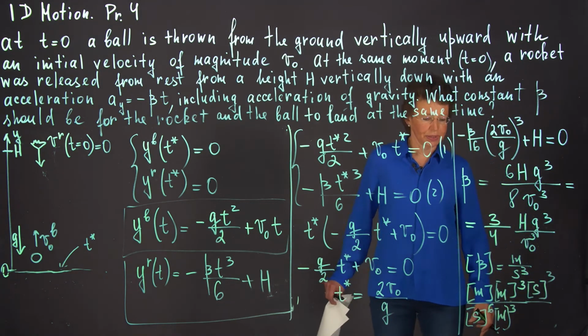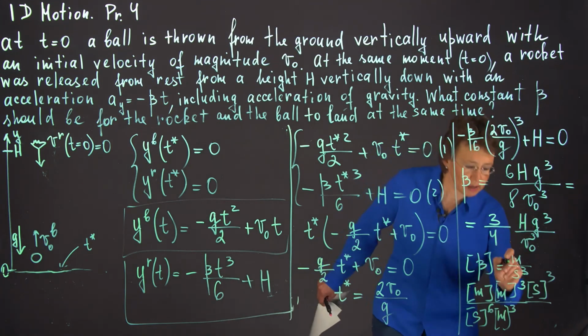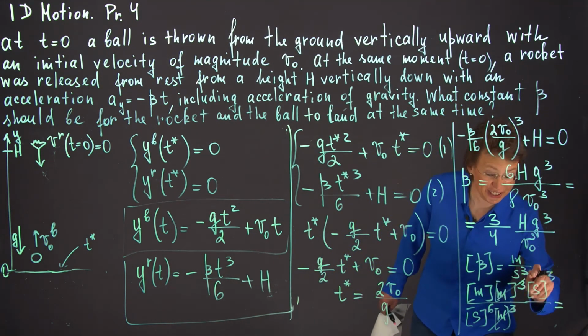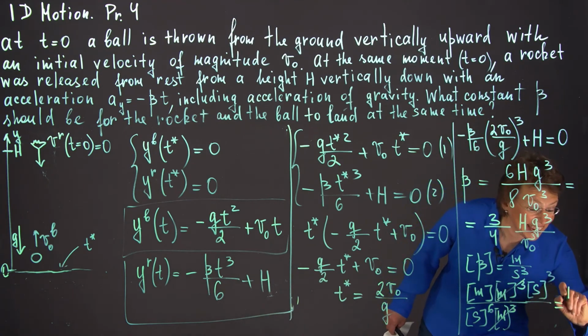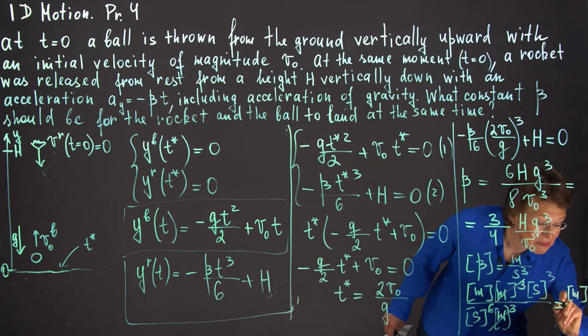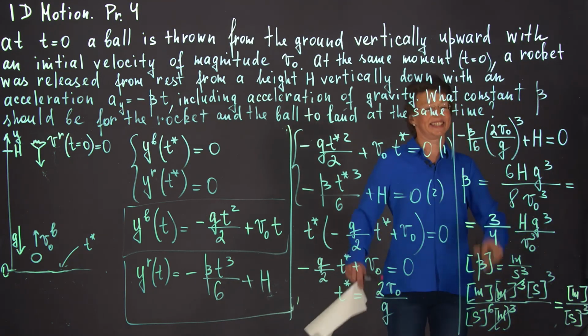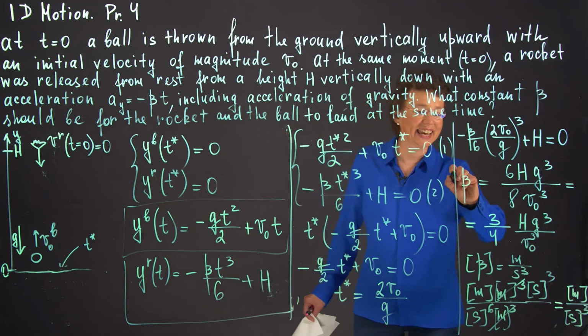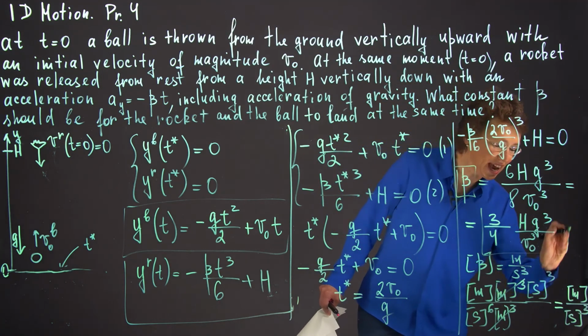Okay, what's happening? Meters cubed, 6 minus 3 is 3, and I get meters per second cubed, as it has to be. The dimension is correct, and we found our beta.